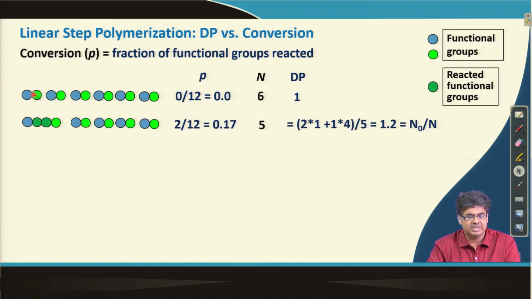If these two interact or couple with each other, then we now have 5 molecules, and 2 of the functional groups are now reacted. So, p is 2 by 12.